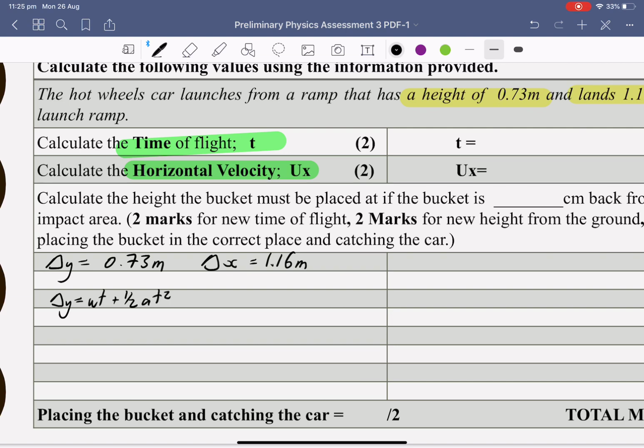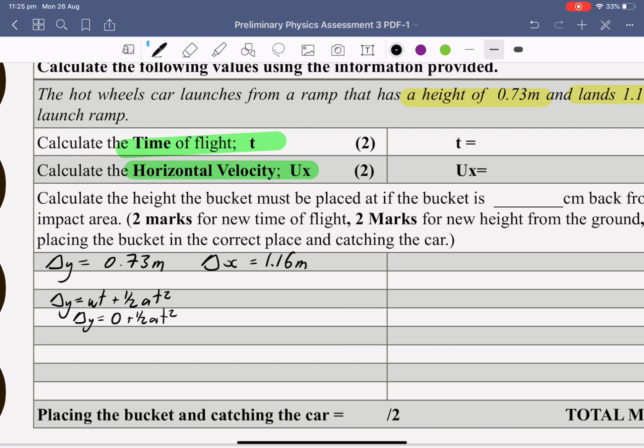Now, because the initial velocity of the projectile in the Y coordinates is 0, we get delta Y equals 0 plus a half AT squared, because U initially is 0.